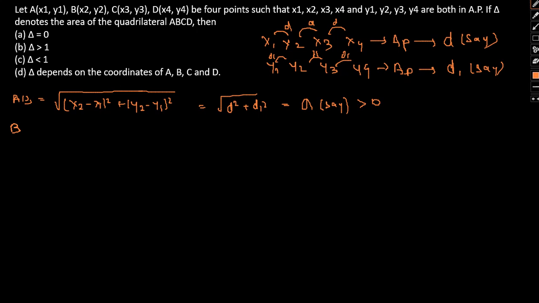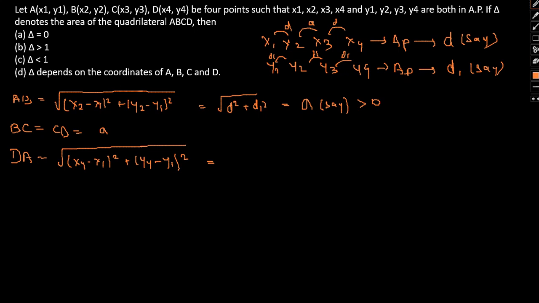Similarly, BC and CD will also be A. But now here we'll have something else for DA, because DA will be concerned with coordinate A and coordinate D. So that will simply be (x4 minus x1) whole square plus (y4 minus y1) whole square.